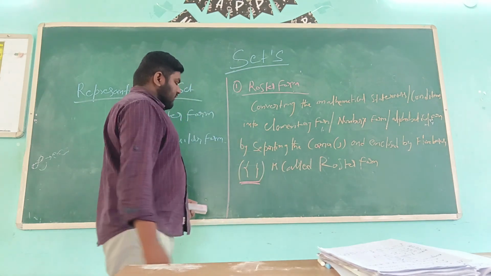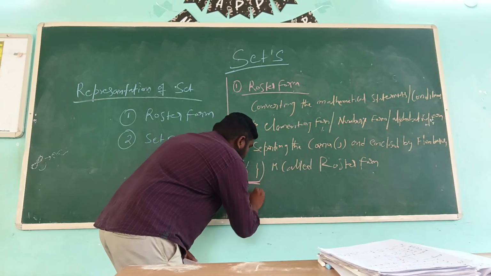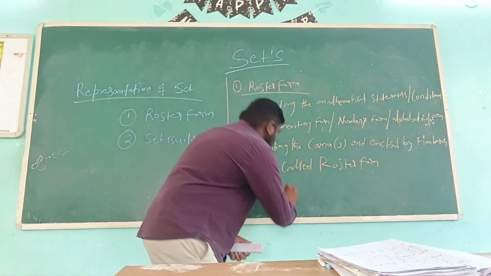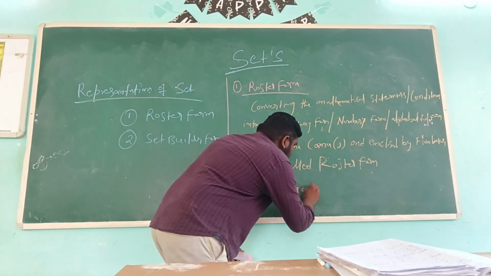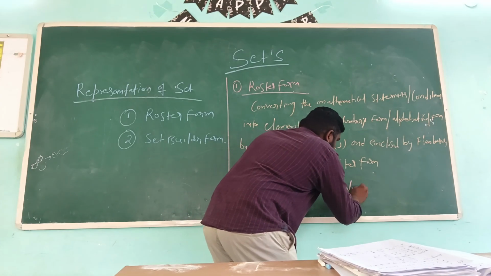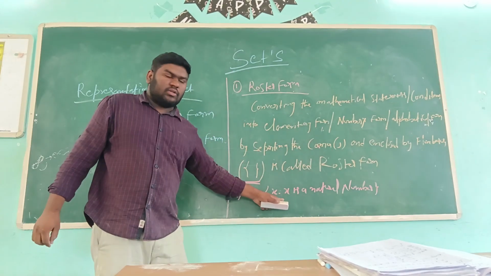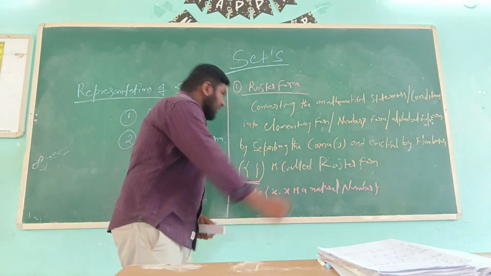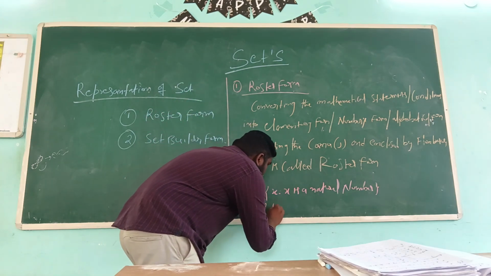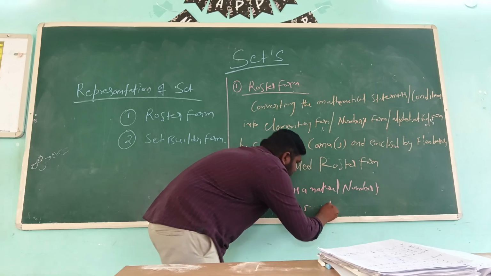Example of roster form. A is equal to x such that x is a natural number. Understood? This is the mathematical condition. This mathematical condition can be converted into elementary form, meaning capital A is equal to 1, 2, 3, 4, 5, and so on.